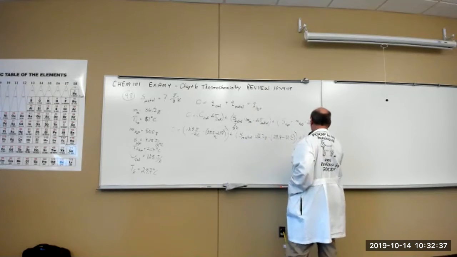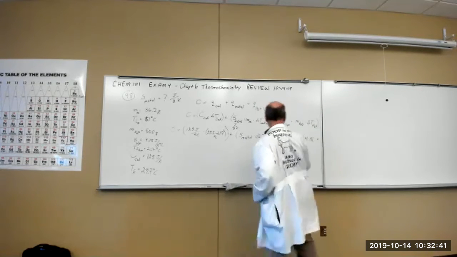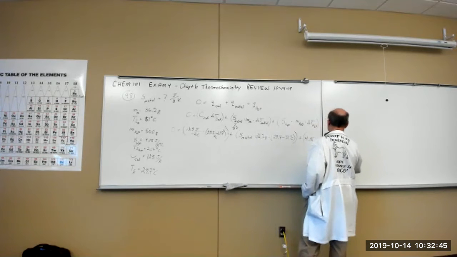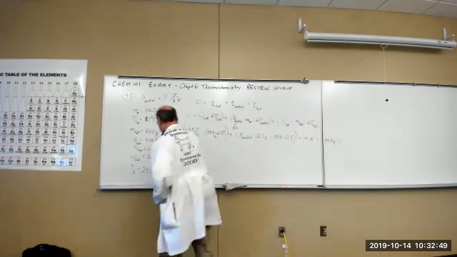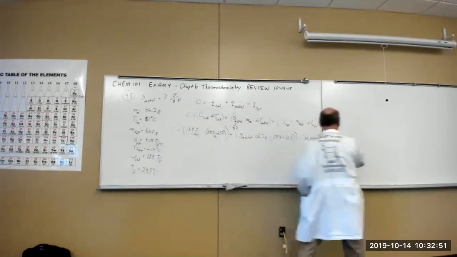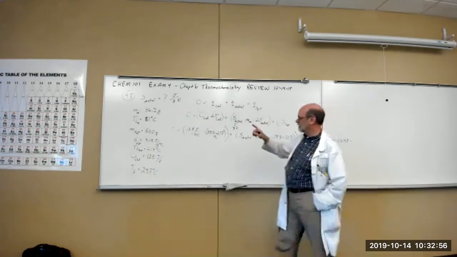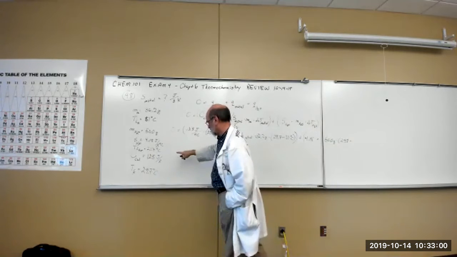So water is 4.18. I'm not going to write the units in. And the mass of the water is 50 grams. And the change in temperature for water is final, 29.7, minus initial, 21.7.